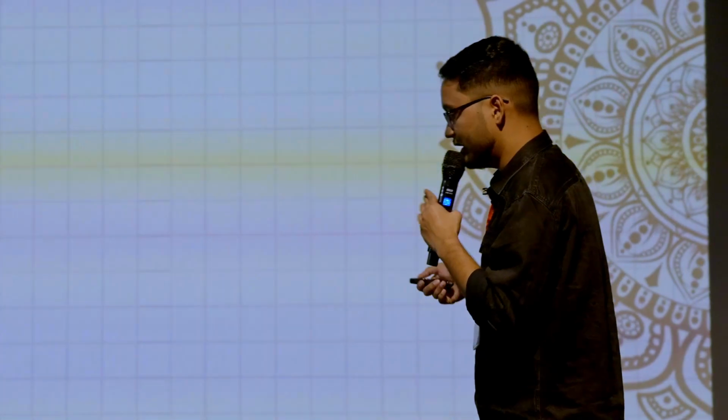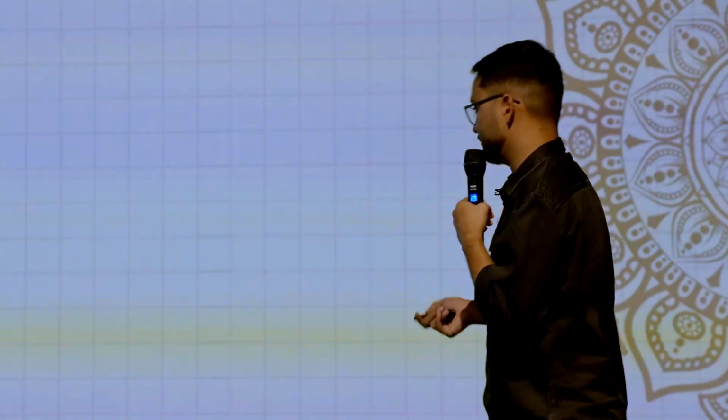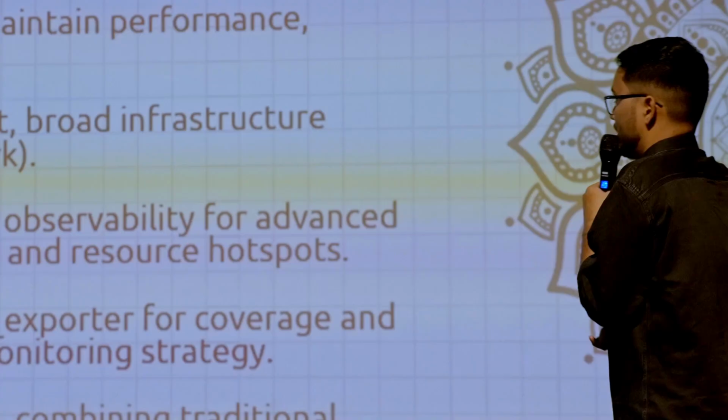It only runs in the kernel. And since it runs in the kernel, there might be some performance issues as well, so we need to consider that.